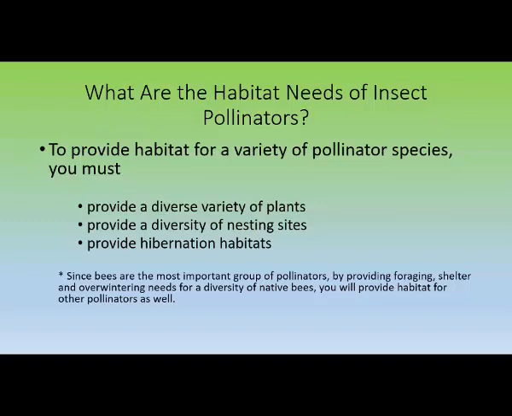Providing a variety of nesting sites is important, and then many species will overwinter, so we need to have some hibernation habitat for them.